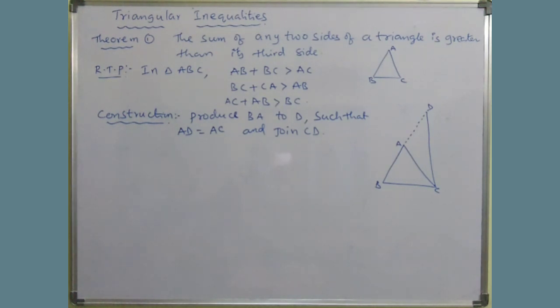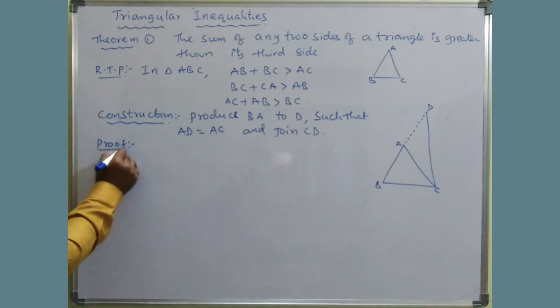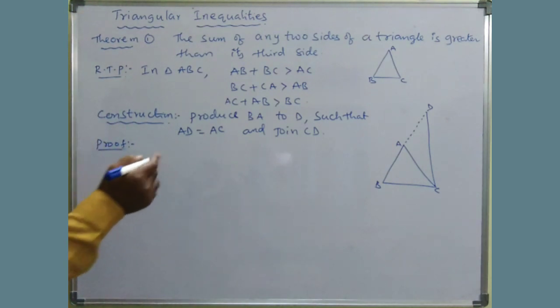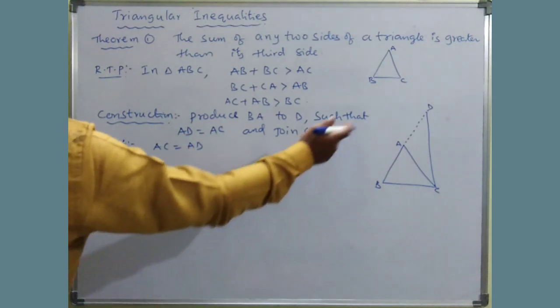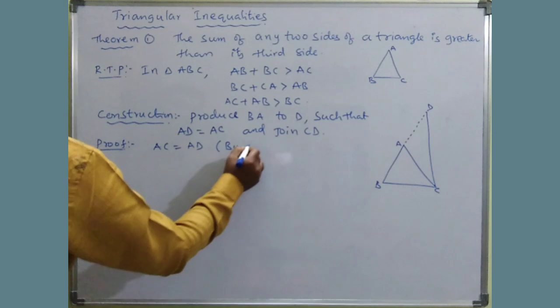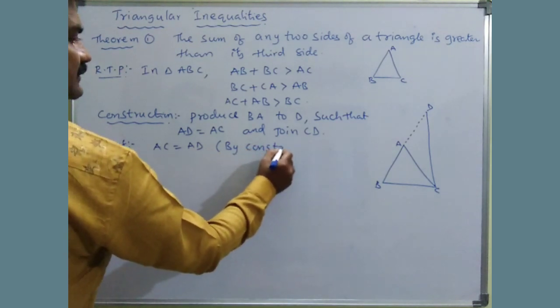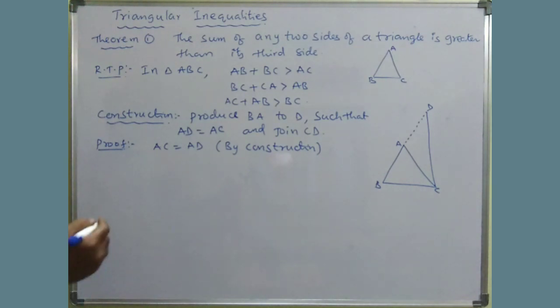Now listen carefully. So coming to proof, see what I can say, AC is equal to AD. Just now we constructed in such a manner. AC is equal to AD. This is by construction. Okay.